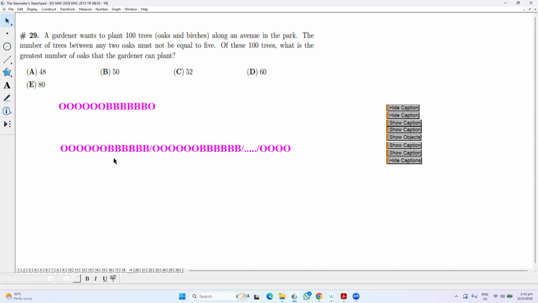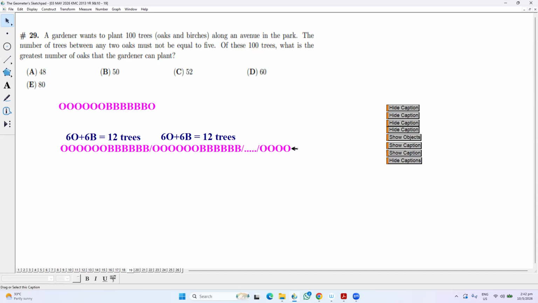So 6 O, 6 B, 6 O, 6 B, until you got 12 trees, 12 trees. So 12 times 8 is 96.